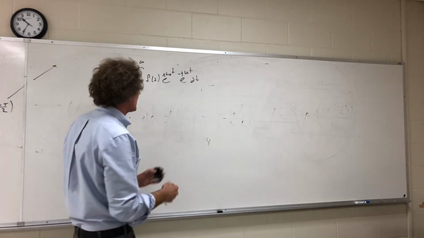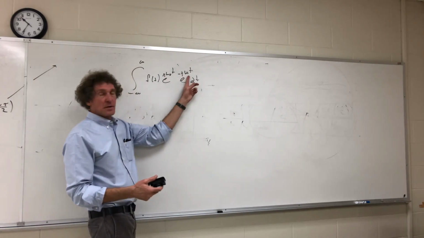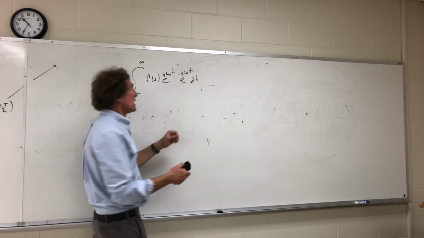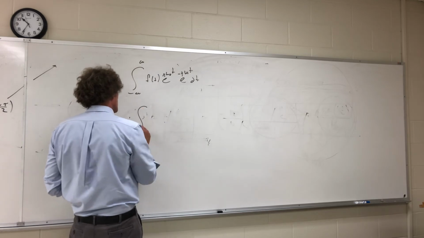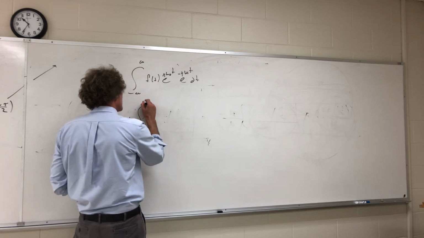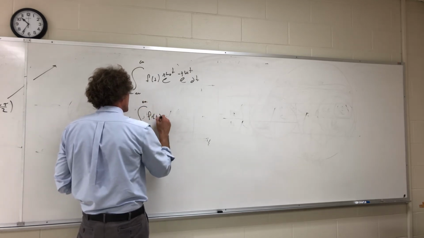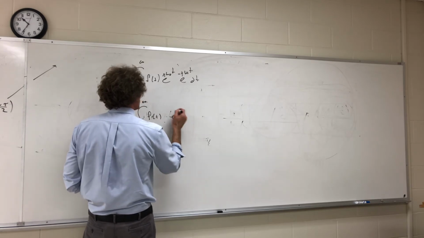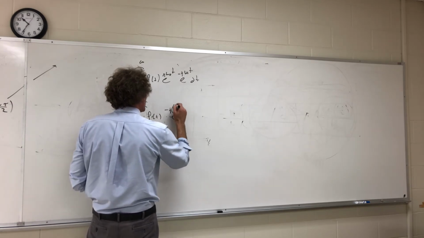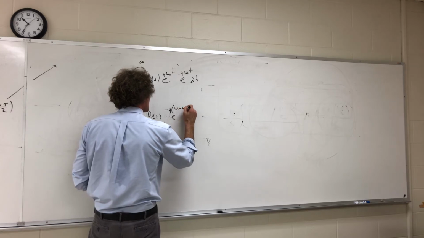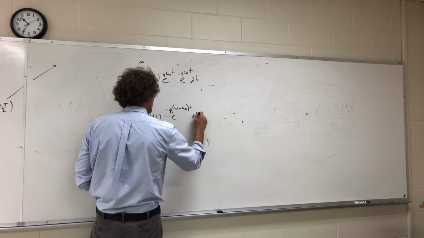Now, if you look here, I can group the arguments, right? And if I group the arguments, then I have the integral from minus infinity to infinity of f of t times e to the minus j quantity omega minus omega naught t dt.